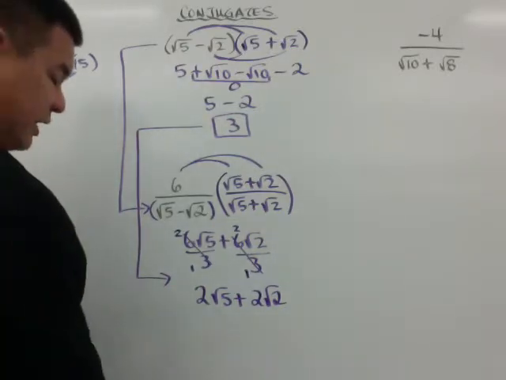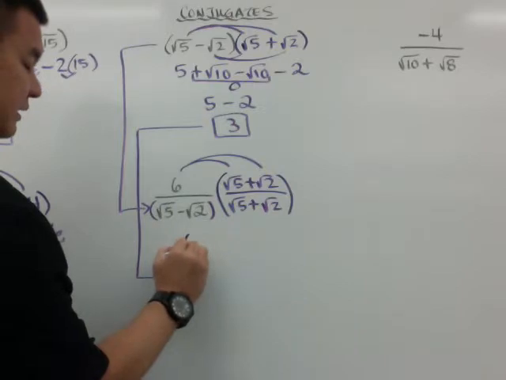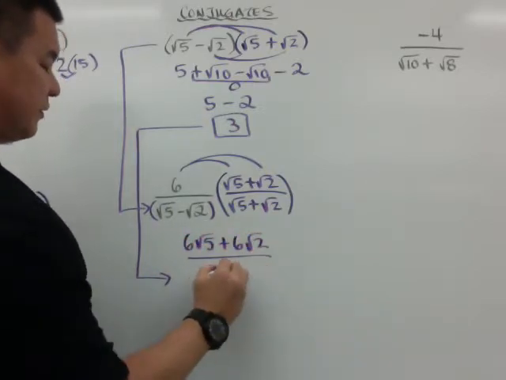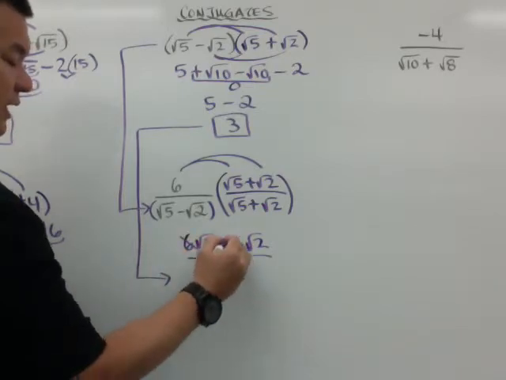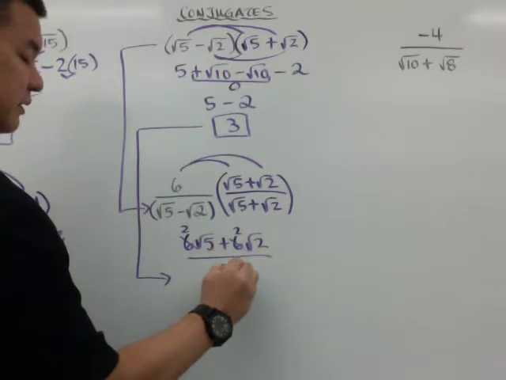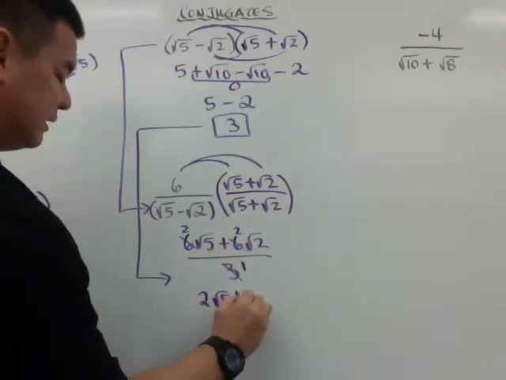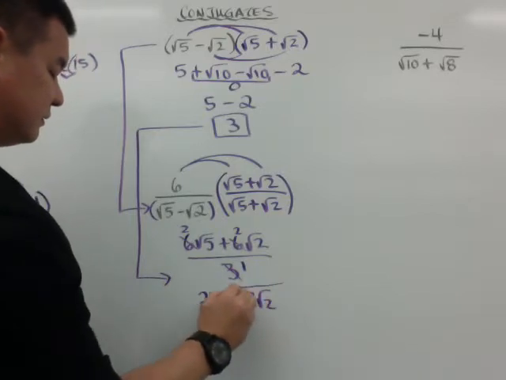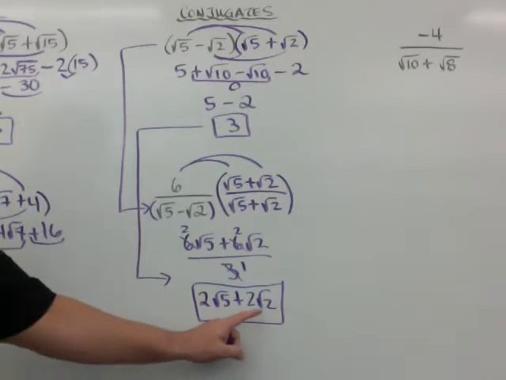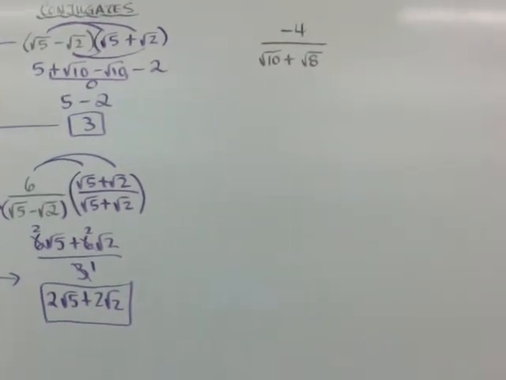Another way of showing it is having the 6 radical 5 plus 6 radical 2 all over 3, and whatever I do to one, I need to do to all of them. So this becomes a 2, this becomes a 2, this becomes a 1. And you're left with 2 radical 5 plus 2 radical 2. And that's your answer. You cannot combine it because the radical 5 and the radical 2 are not like terms.